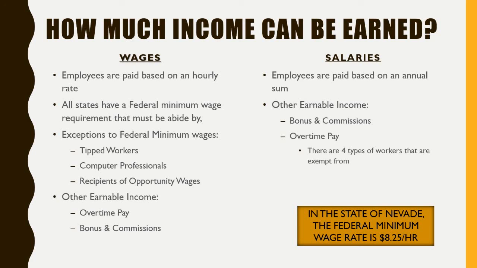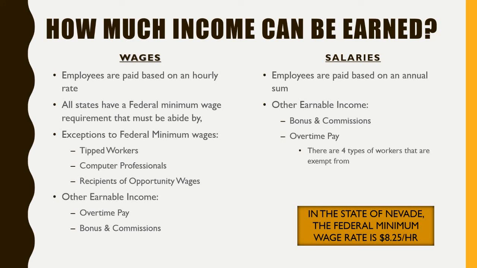But for your salary-based earnings, since it's salary, they get a lump sum of money, so they get a total annual rate. For example, they can earn $60,000 for the year. What they do is take that $60,000 and divide it by the number of paychecks they earn.